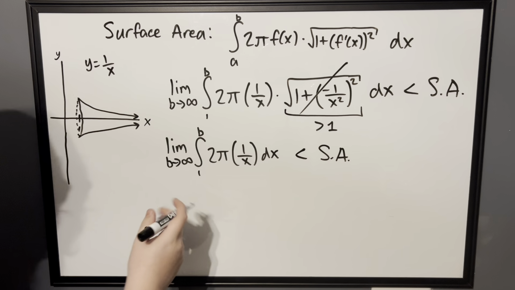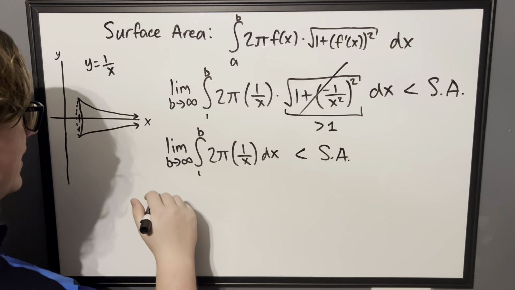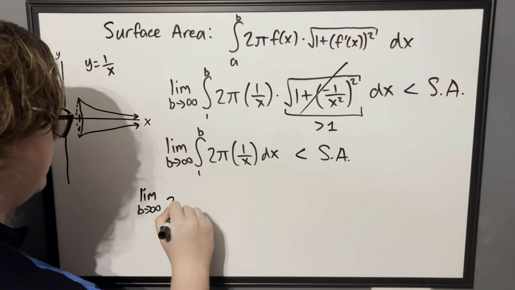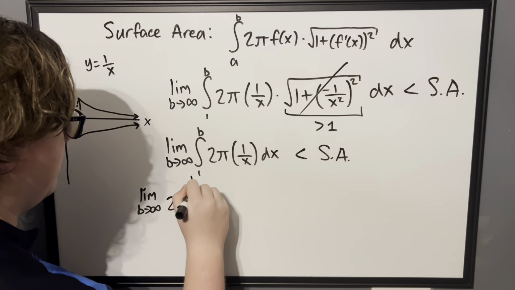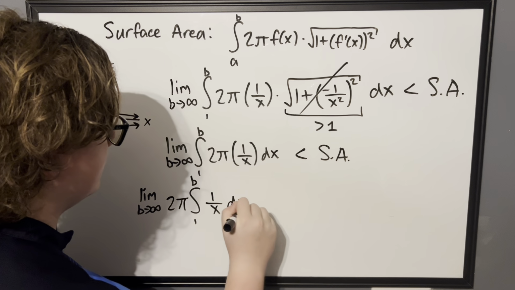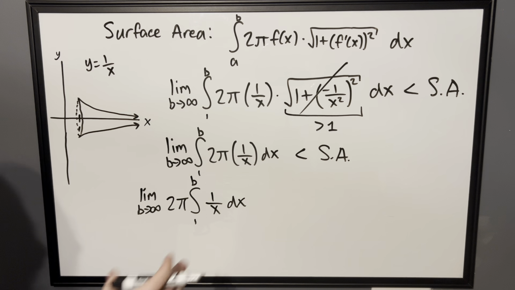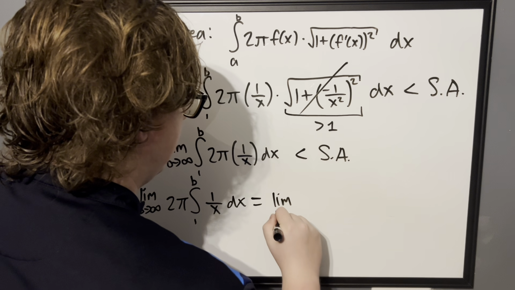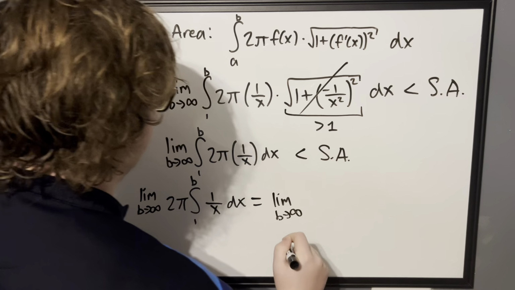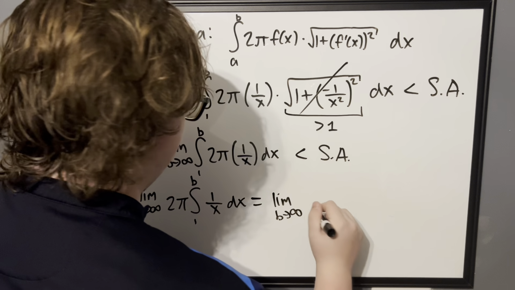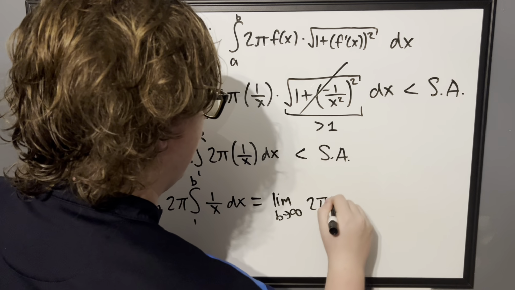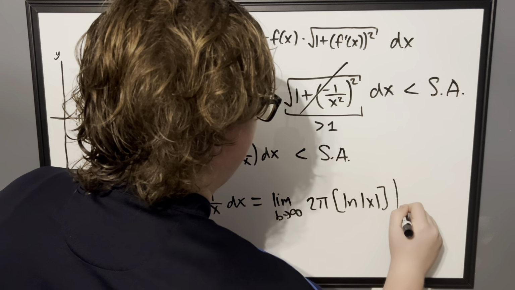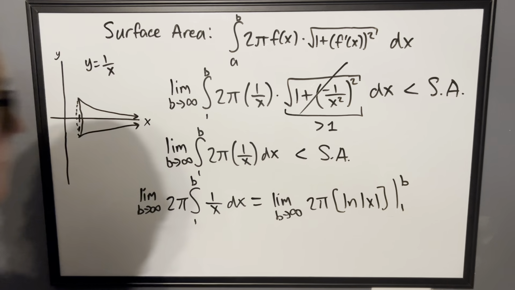Now, we can evaluate this so that we can pull out this 2 pi because it's a constant. So we have the limit as b goes to infinity of 2 pi times the integral from 1 to b of 1 over x dx. And of course, we know the integral of 1 over x dx. So this is going to be equal to the limit as b goes to infinity of 2 pi multiplied by the natural log of the absolute value of x evaluated from 1 to b.